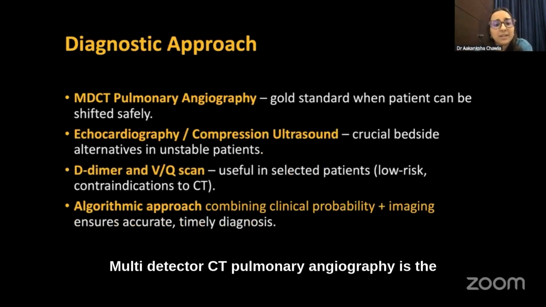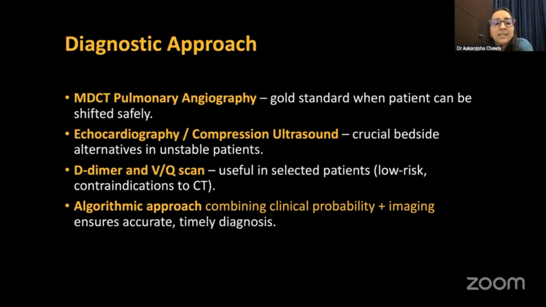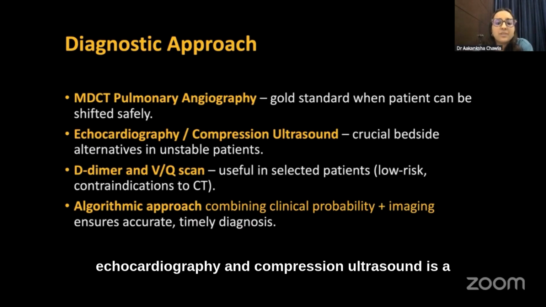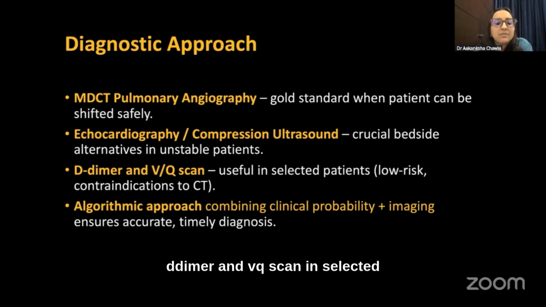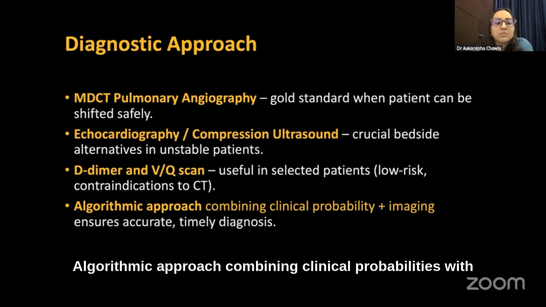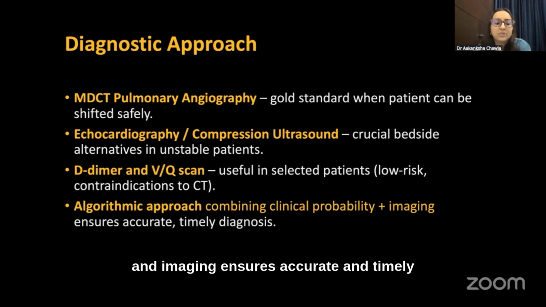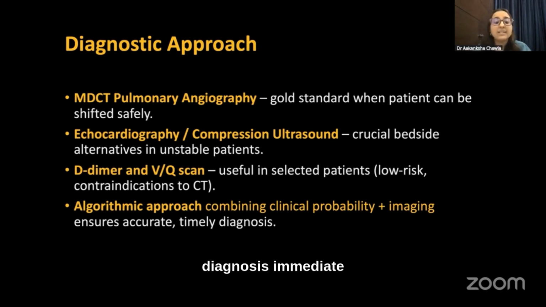Multi-detector CT pulmonary angiography is the gold standard. Echocardiography and compression ultrasound are the crucial bedside alternatives for hemodynamically unstable patients. D-dimer and VQ scan in selected patients. Algorithmic approach combining clinical probability and imaging ensures accurate and timely diagnosis.